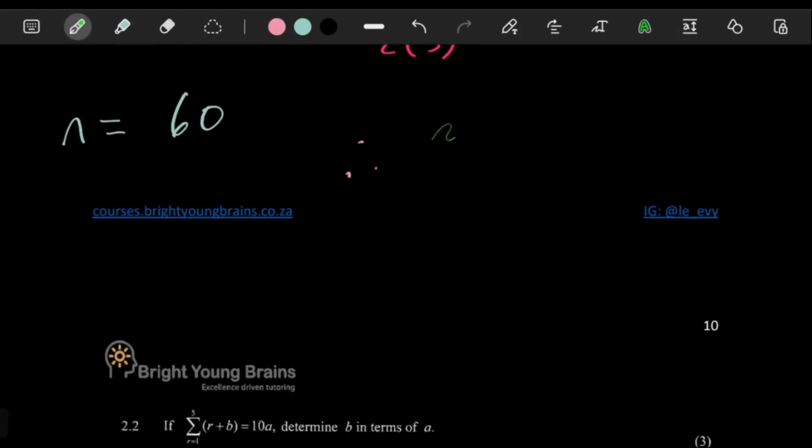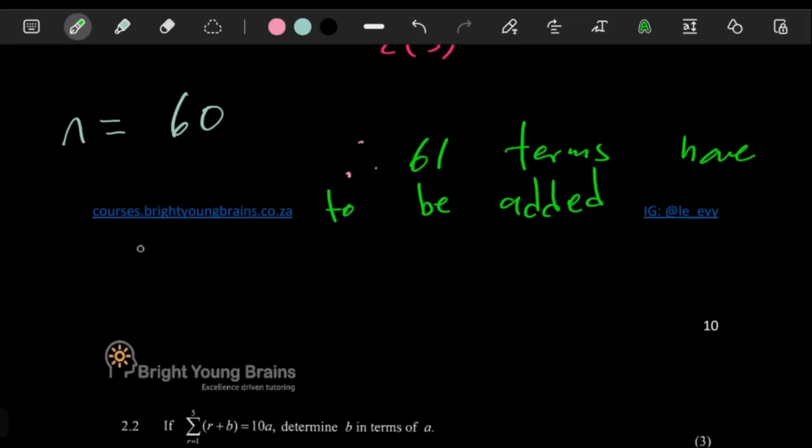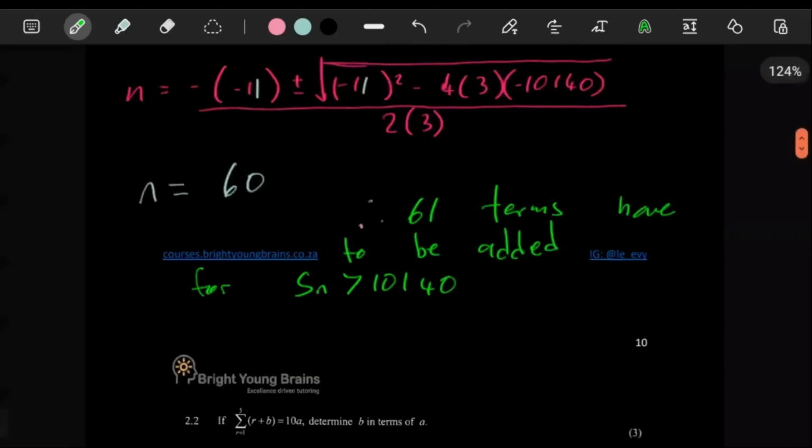So here we can say, therefore, 61 terms have to be added for Sn to be bigger than 10,140. You see, so you can even say, therefore, 61.